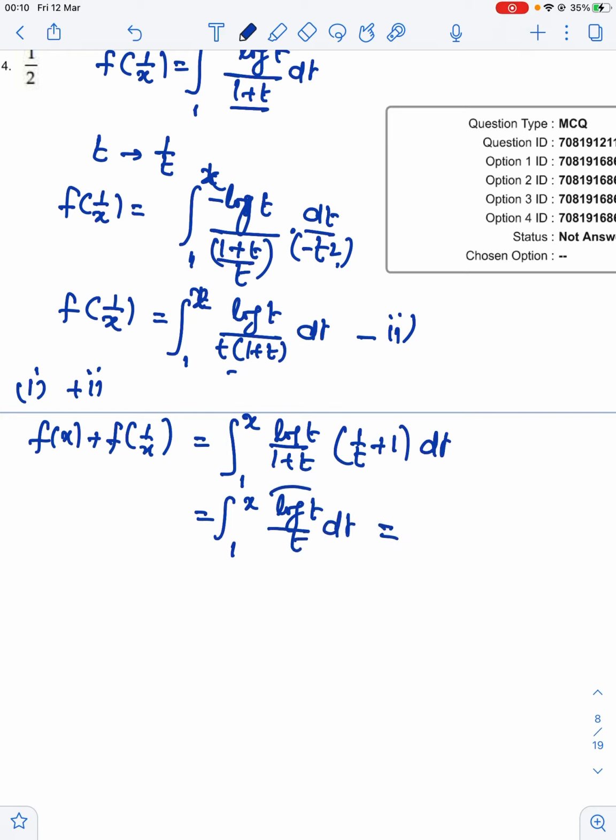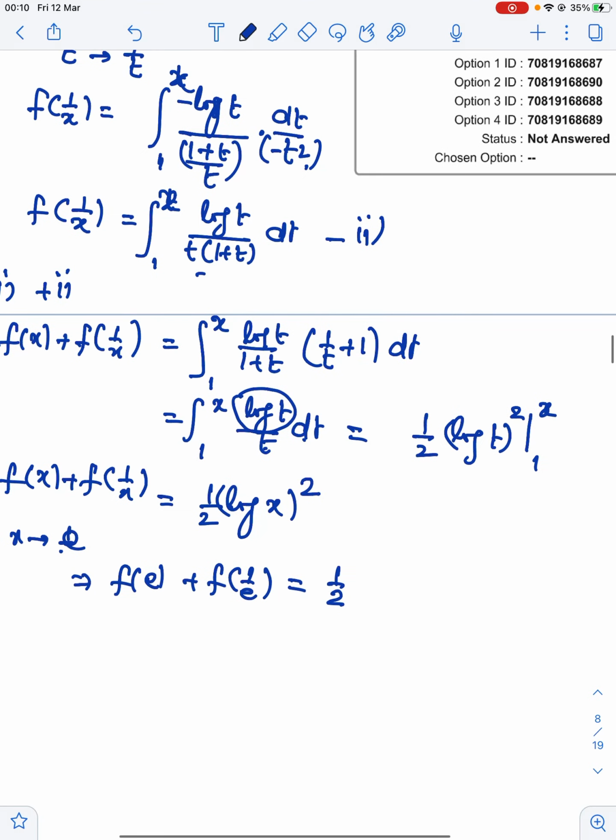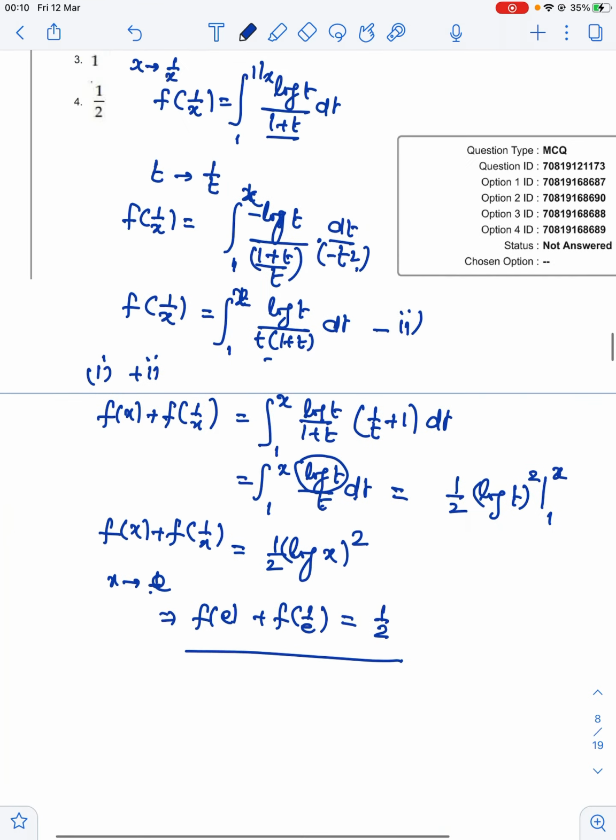So this is again by substitution. If I put log t as u, 1 upon t dt is du. So this is half of log t square from 1 to x. So overall answer is half of log x square. So this is f of x plus f of 1 by x. Finally we can replace x with e. So f of e plus f of 1 by e is equal to half, because log e is 1. So that's the final answer.